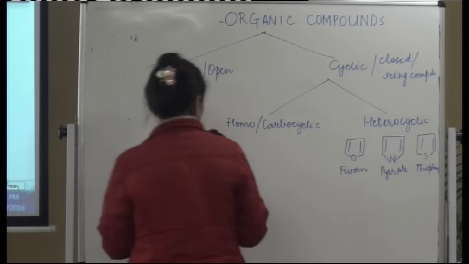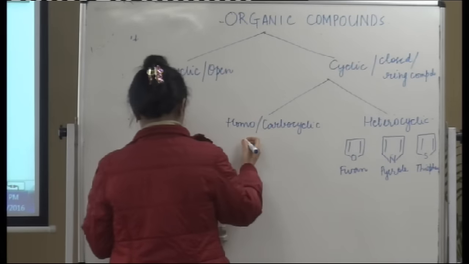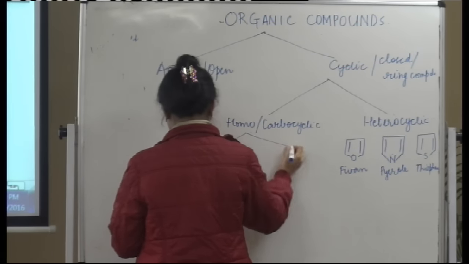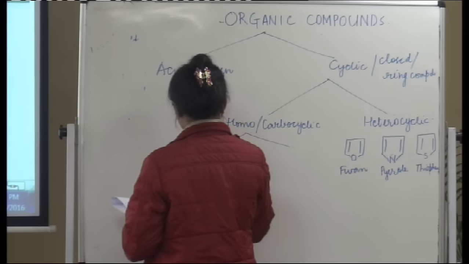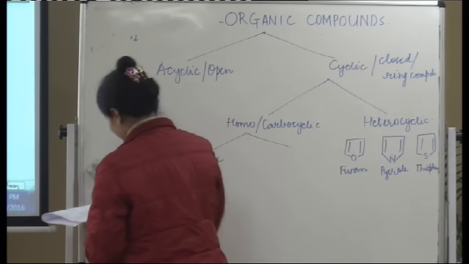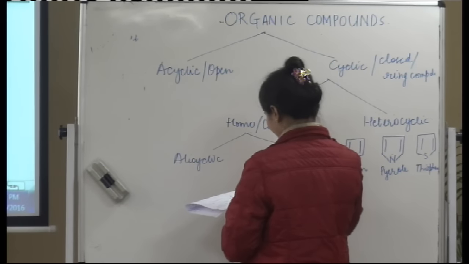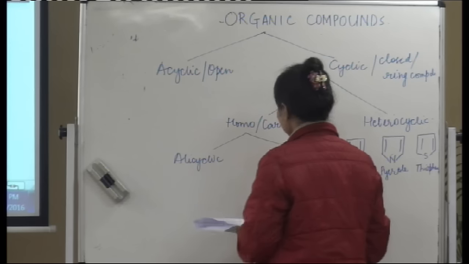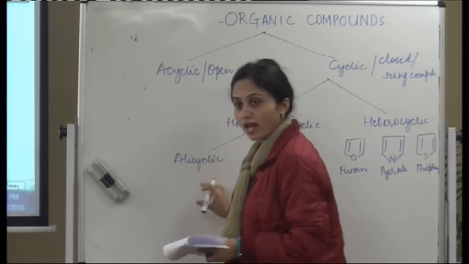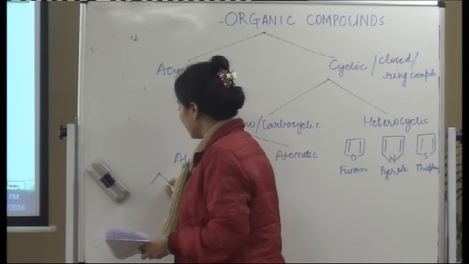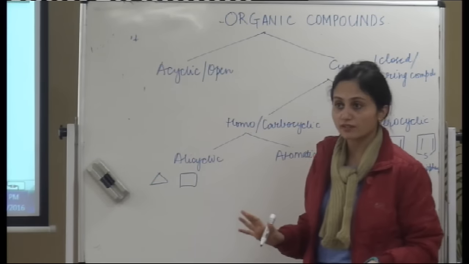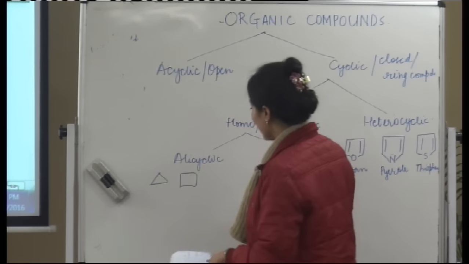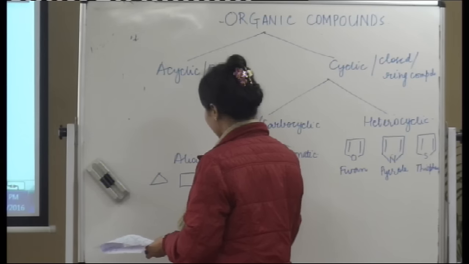Then in homocyclic, you can either talk about alicyclic or aromatic. You can talk about alicyclic compounds, which do not possess an aromatic character, and then you can have aromatic compounds. Now in alicyclic, what do you have? You've seen cyclopropane. What is this? Cyclobutane. All these are cyclic compounds, but they do not have any kind of aromaticity attached to them. Or take any other, say cyclohexane also.